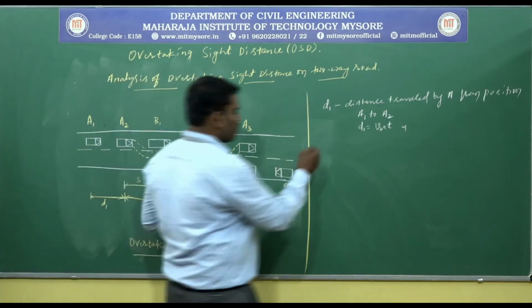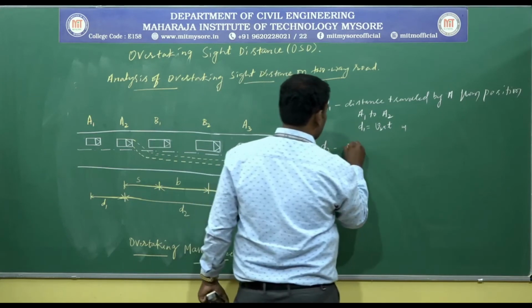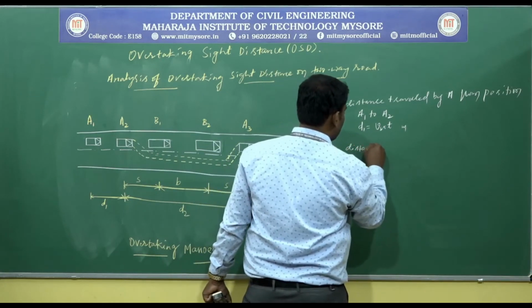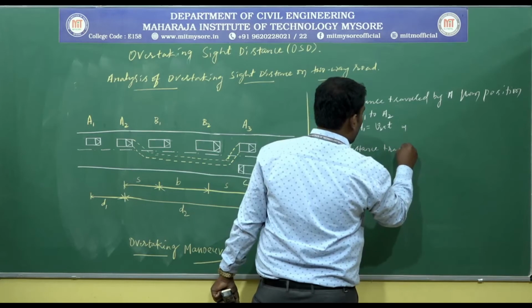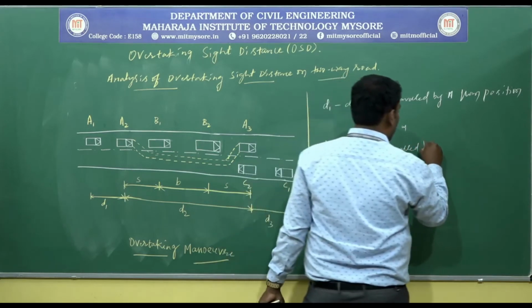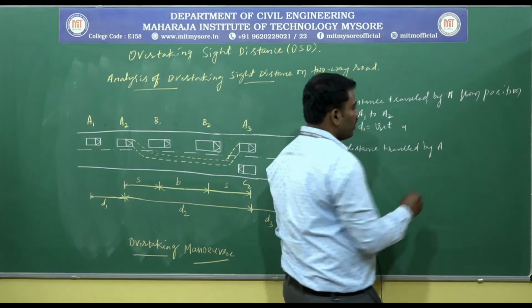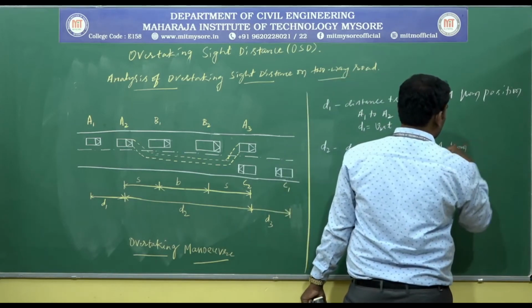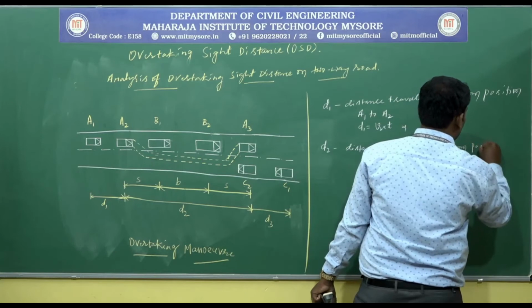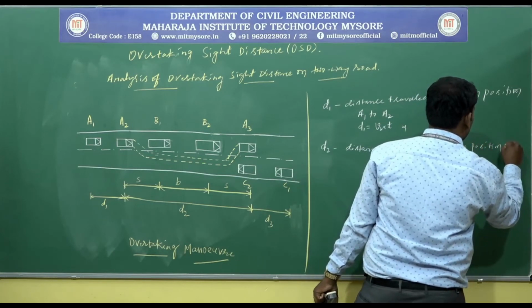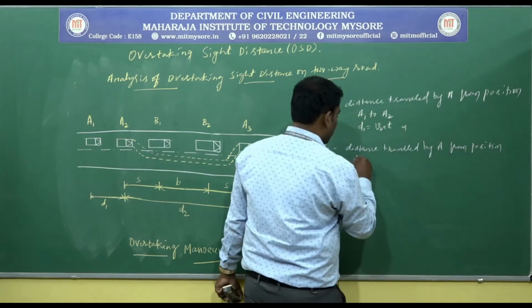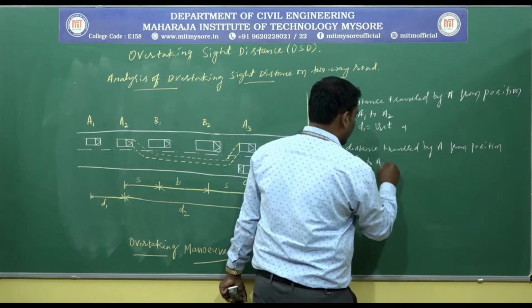Okay, then D2 is the distance travelled by vehicle A, the overtaking vehicle, from position A2 to A3.